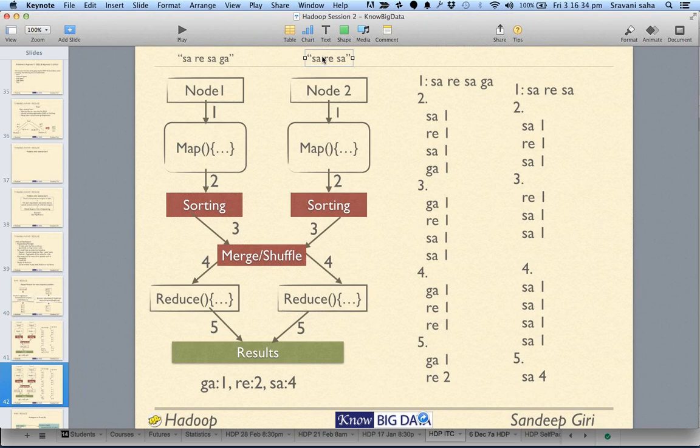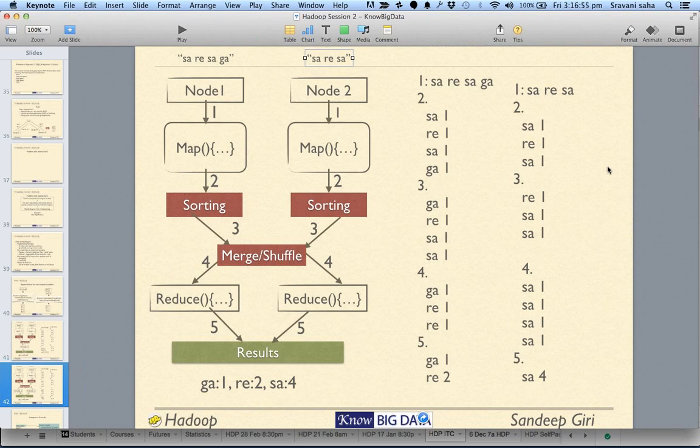After it has done the processing on all of these data nodes, it will merge the output and then run your reduce function. So the mapper is dependent on where your data is lying, while the number of reducers is dependent on what you have configured.